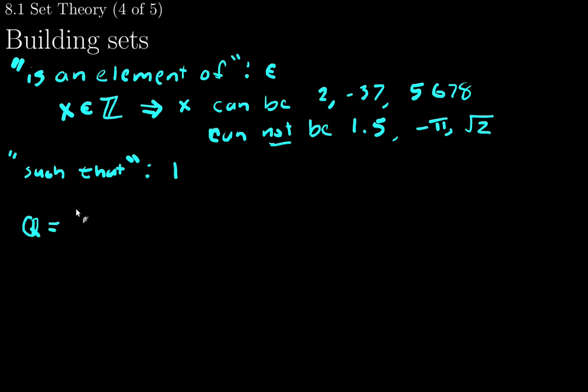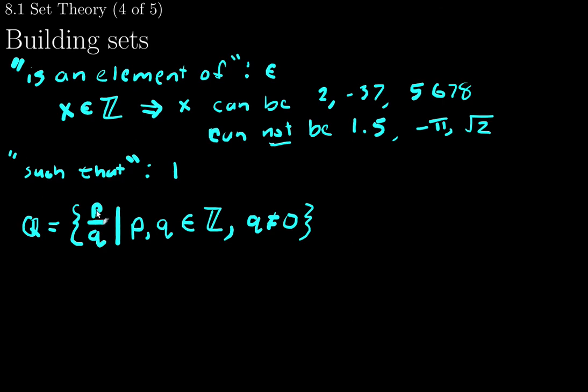The rational numbers are the set, so I use my set notation, of all P over Q such that, and this is very specific, P and Q are elements of the integers, with one additional thing. There's a restriction on what P and Q can be. Q cannot equal 0.